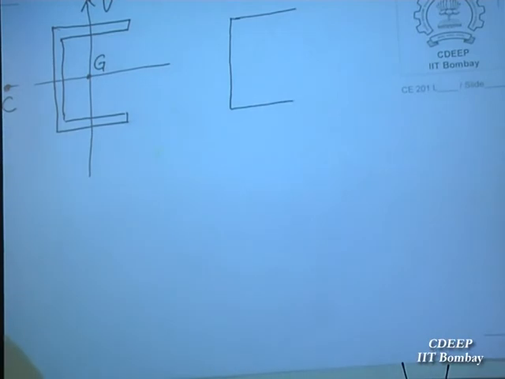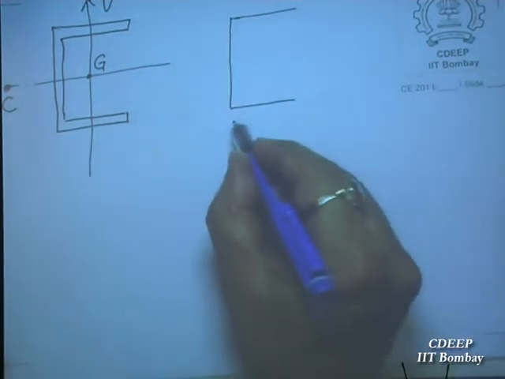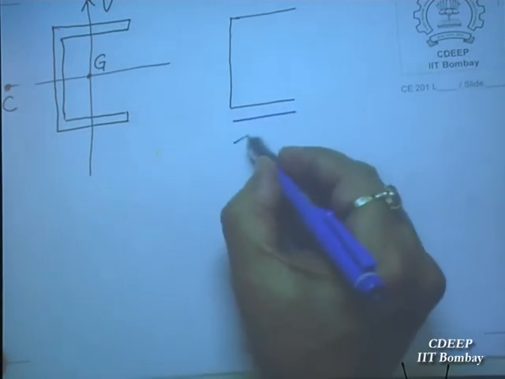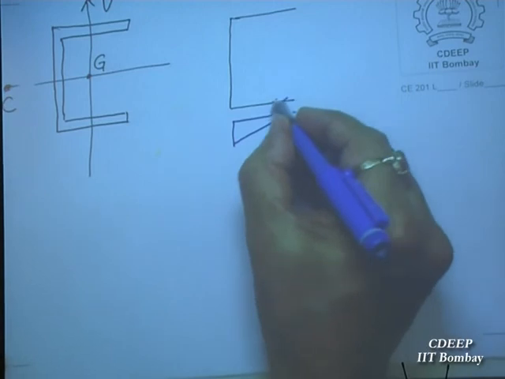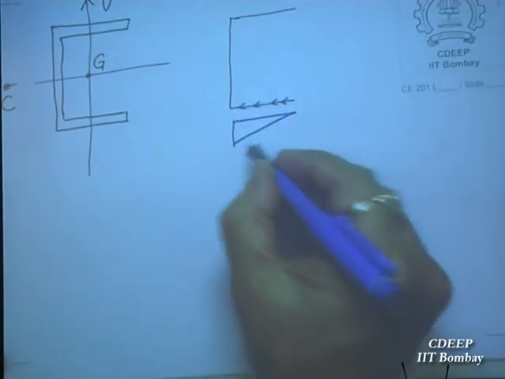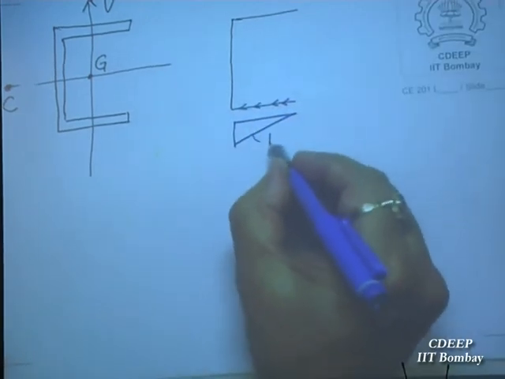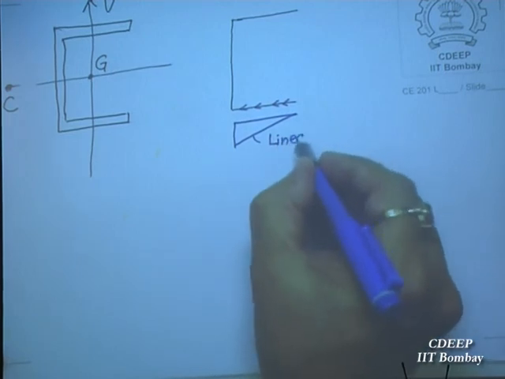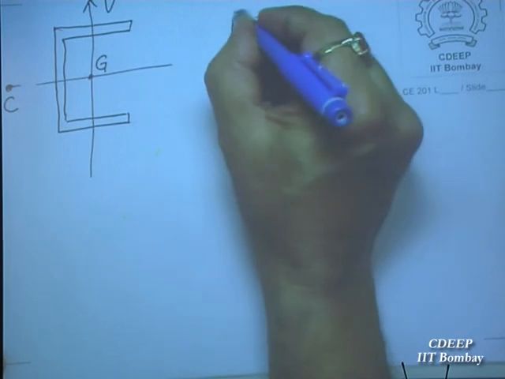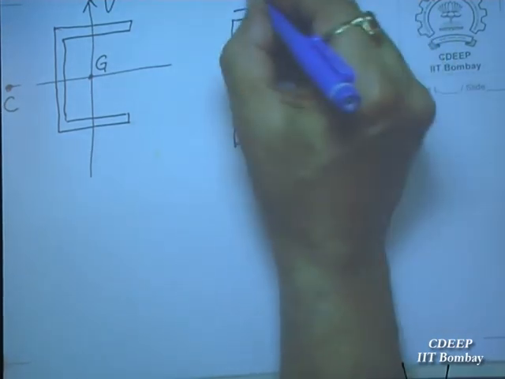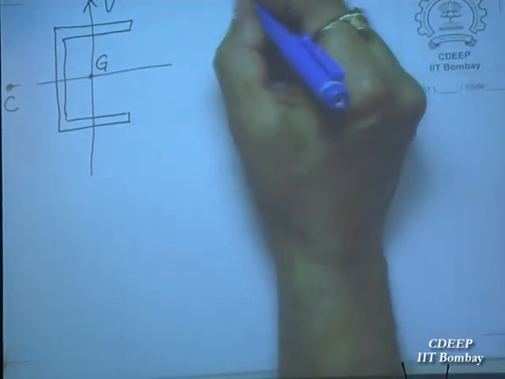Center line. Then see, this shear stress will vary linearly on this. Similarly, here also it will vary linearly, because only this one is changing.